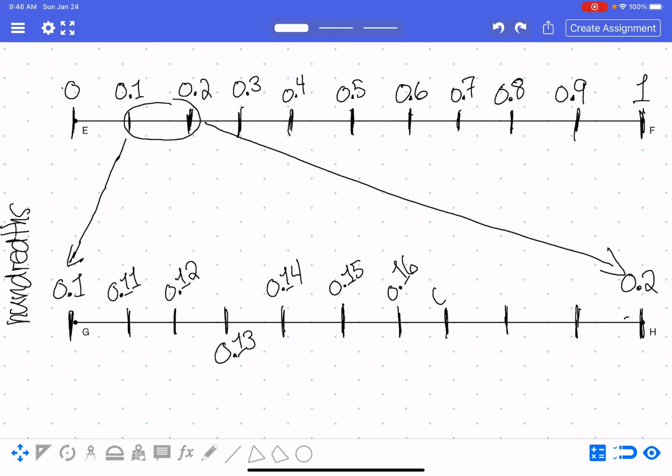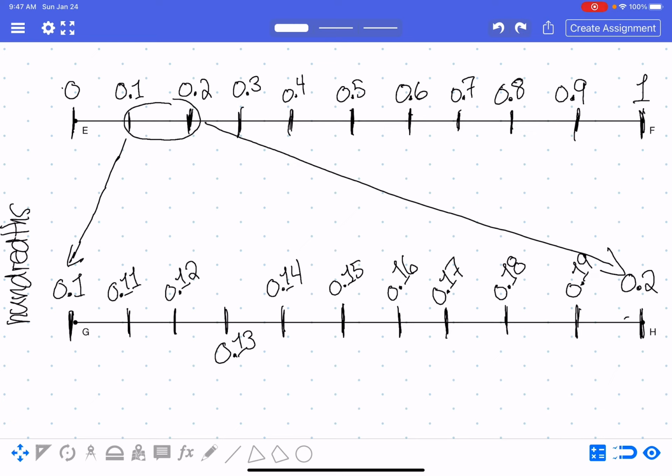Now we have 2 decimal places instead of 1, and that's where the homework you're doing has hundredths instead of just tenths, so a little bit more challenging. And then finally we have 0.19, or we could say 19 hundredths.